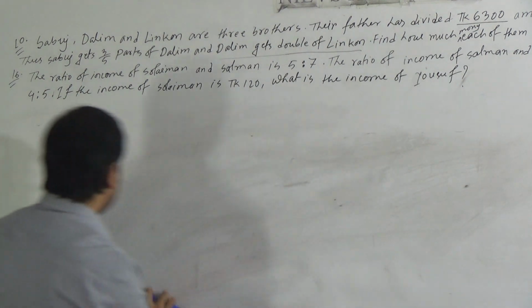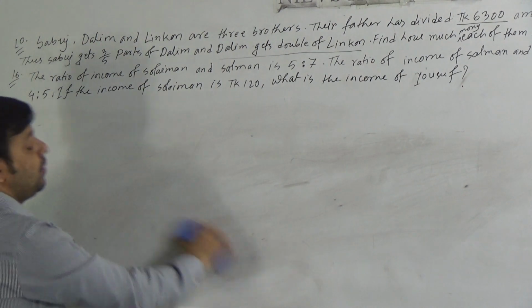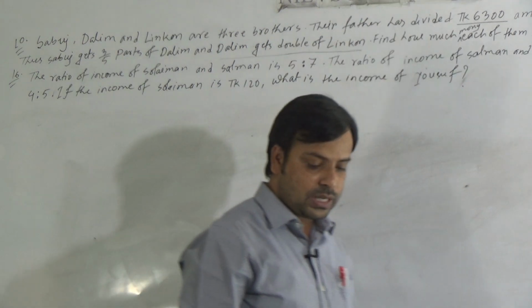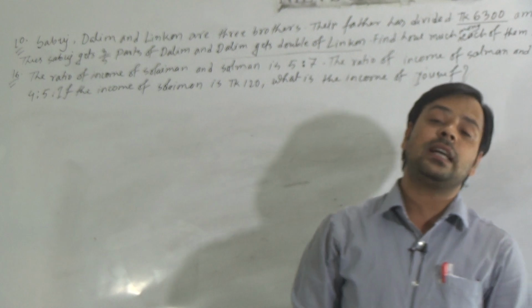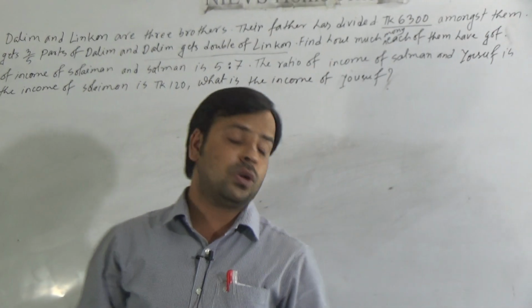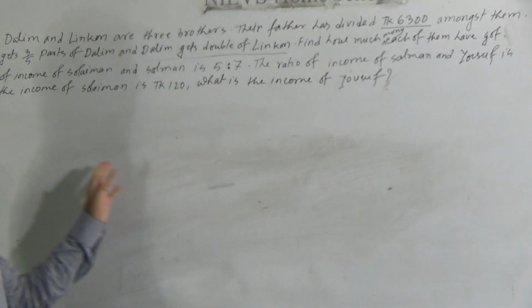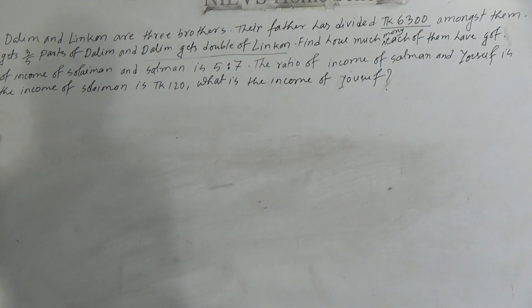Dear students, in the previous question the total amount was given, but in this question the total amount is not given. Income of one person is given. So we can solve this question in a similar way to the previous one, and in another way also. Solution.